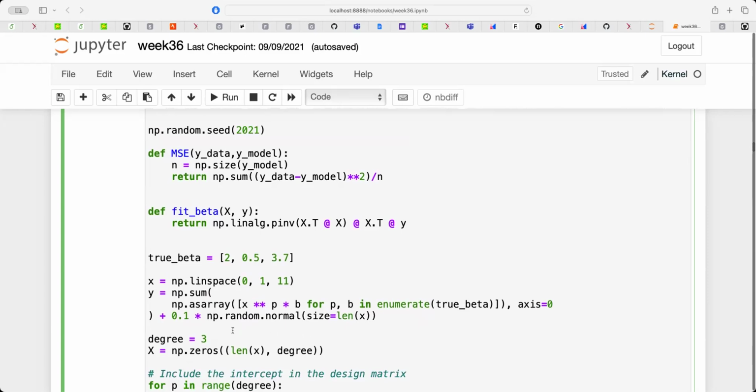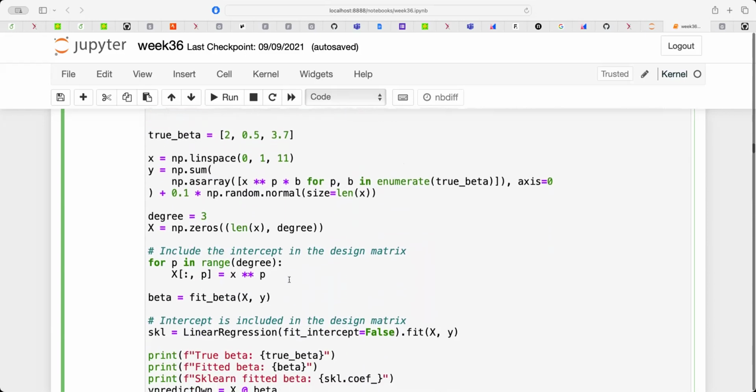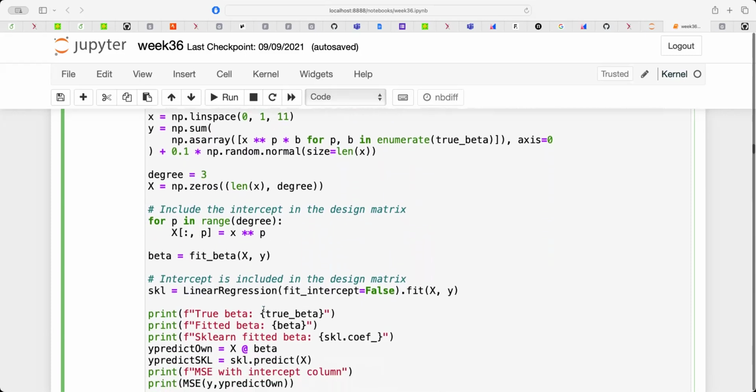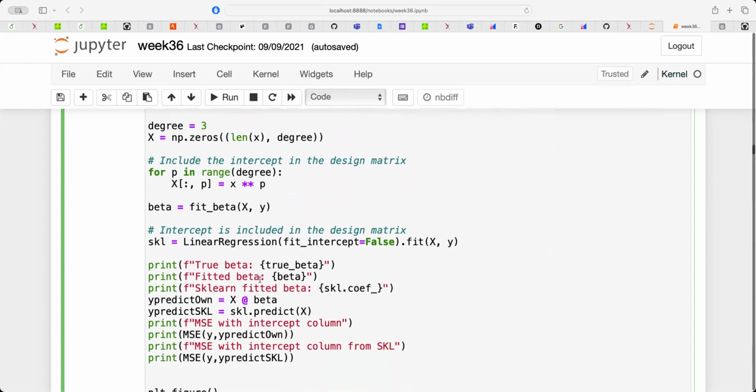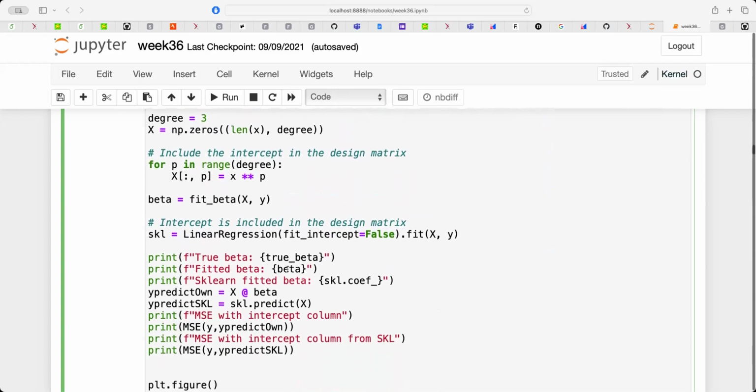I do a polynomial of degree 3, and I can include the intercept in this formula here. And then I fit, and I do my linear regression. I print the true values for beta. And I can also do the same thing with scikit-learn. So SKL, here's my scikit-learn prediction.